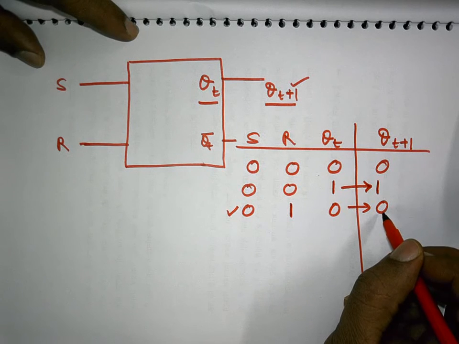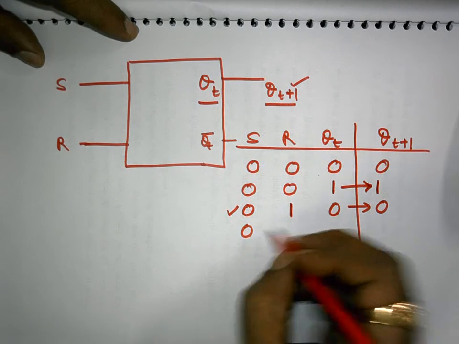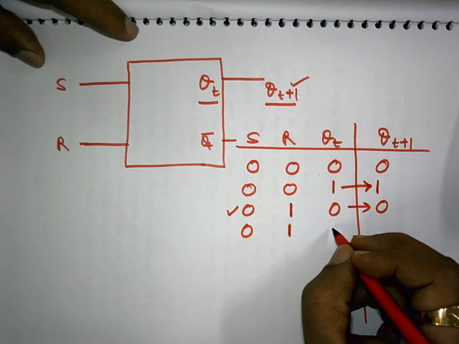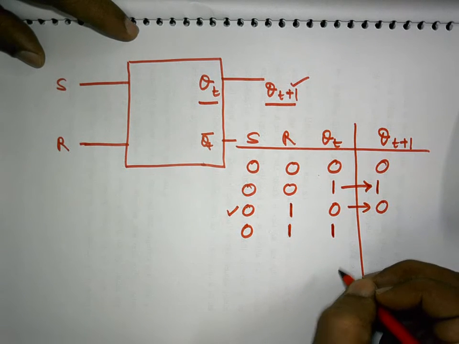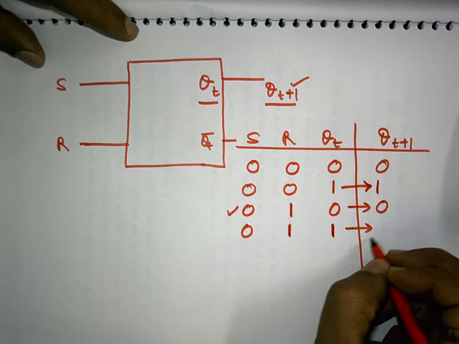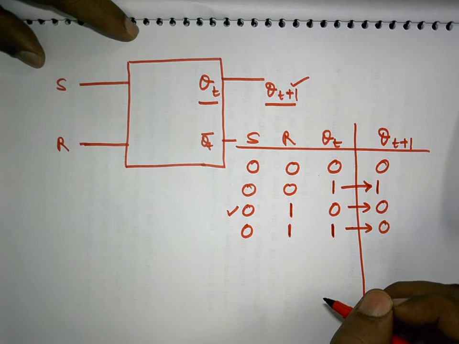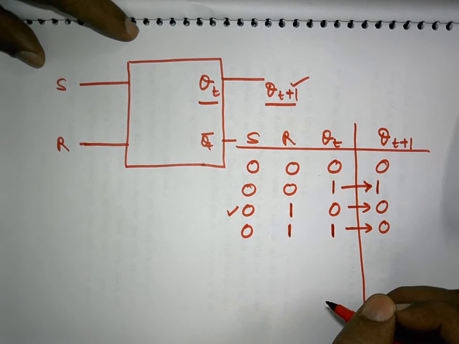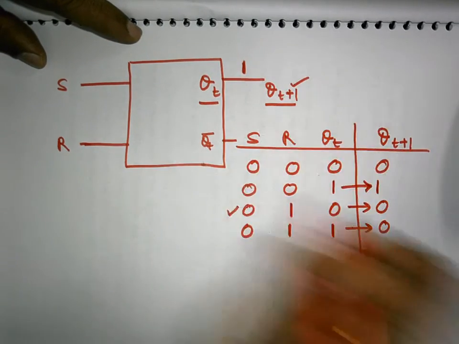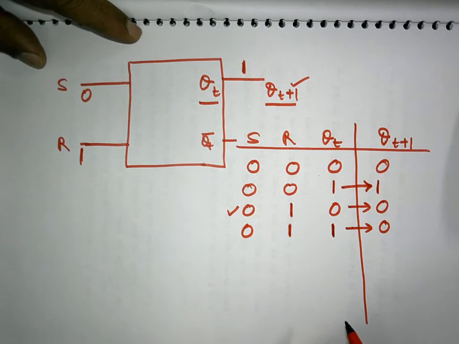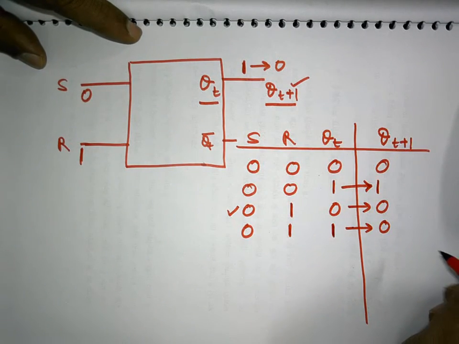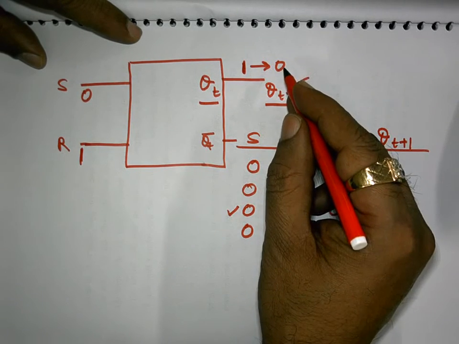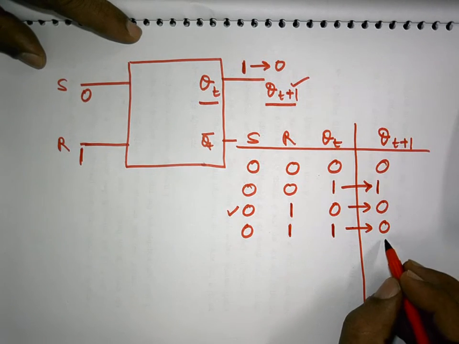Suppose the input is 0, 1 and Qt was 1. What will happen to the output? This will become 0. If it was 1 before the application of 0, 1, naturally a transition will occur from 1 to 0 and the output will become 0. This is what I am writing over here.